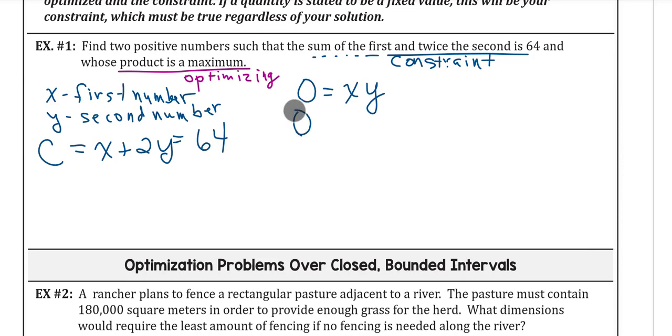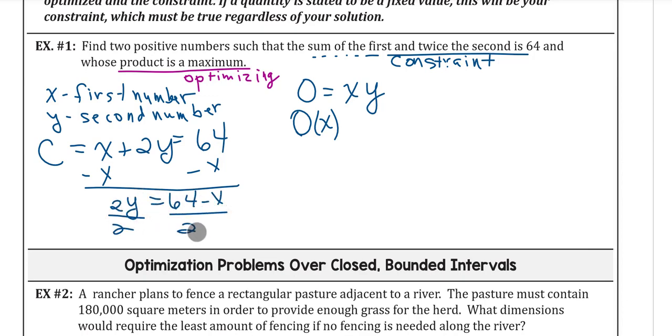So what I need to do is eliminate the variables. I want to create an equation that is just in X, or you could do it just in Y. So going back to the first equation, I'm going to subtract X. So I have 2Y equals 64 minus X, then divide by 2. So I get Y equals (64 minus X) over 2.